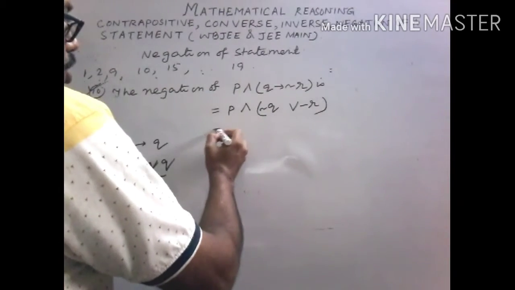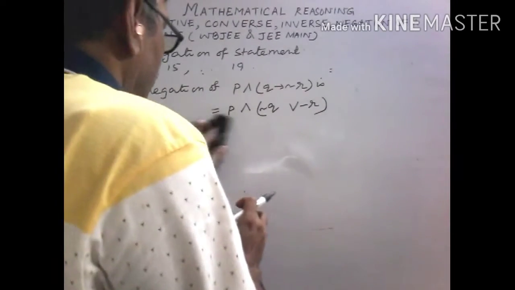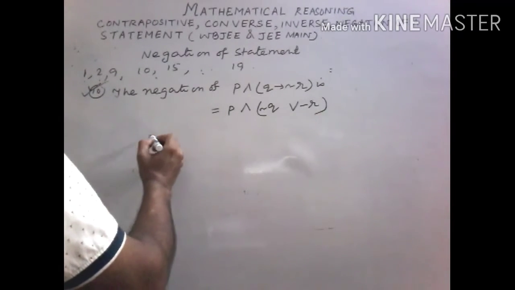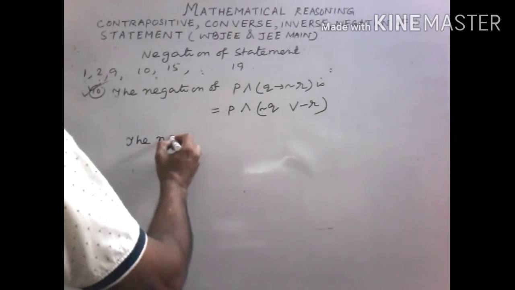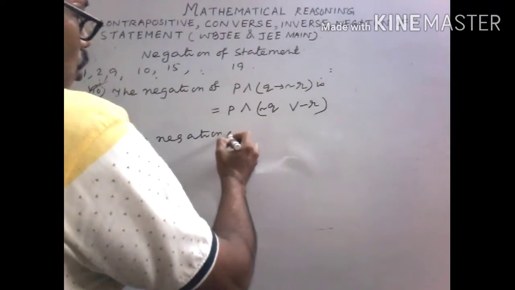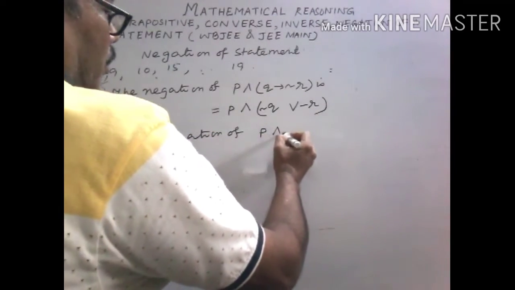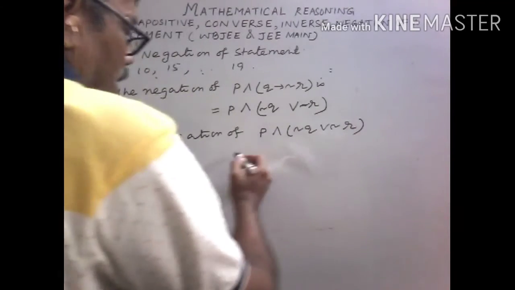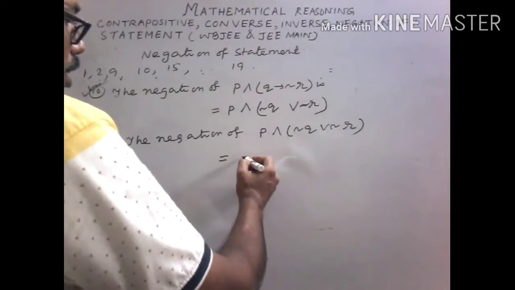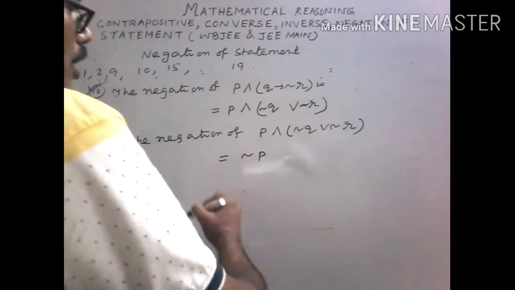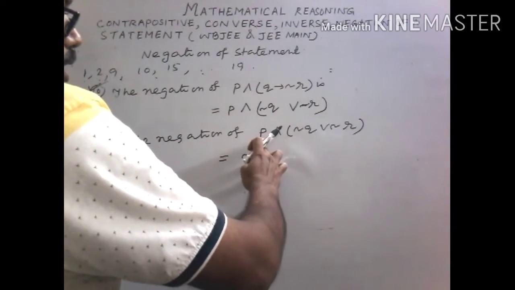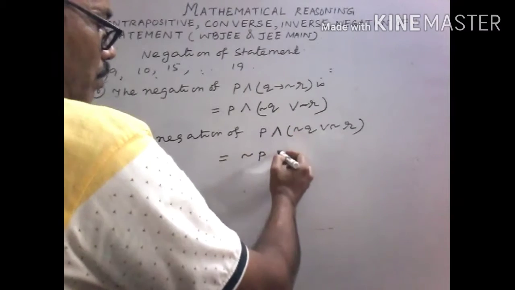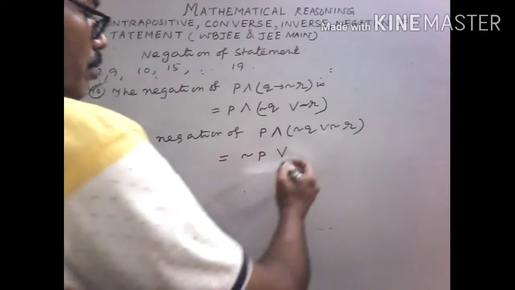So now we use the distributive law, or we can take the negation of this. So the negation of the above statement. Negation of P intersection this equals negation P, A union B. So negation P; intersection will be union.